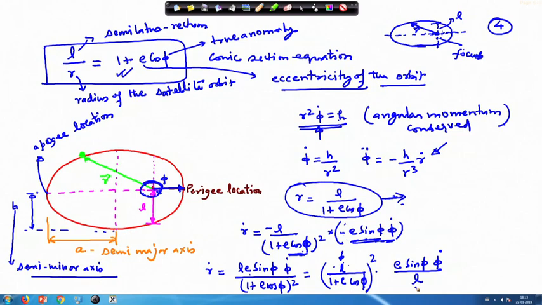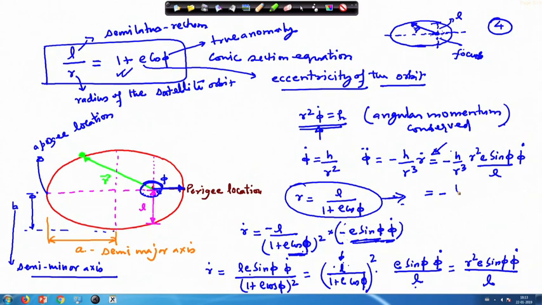So, this can be written as r square e sin phi times phi dot divided by L. In this equation then, minus h by r cube, and r dot is r square e sin phi times phi dot divided by L. So, minus h by r L times e sin phi.